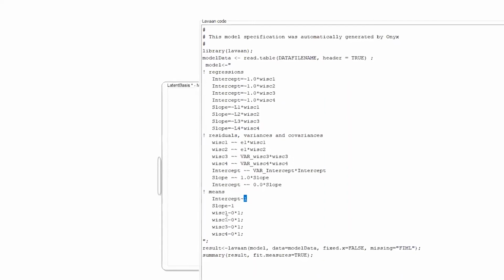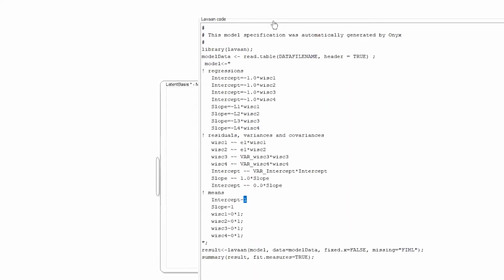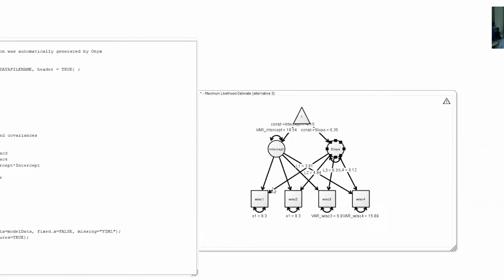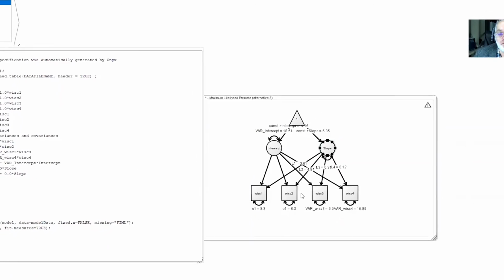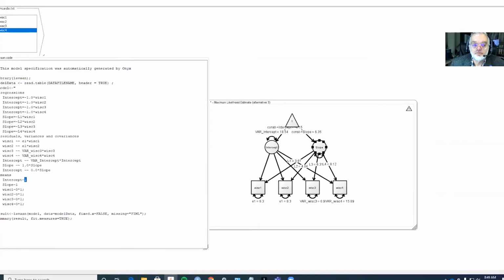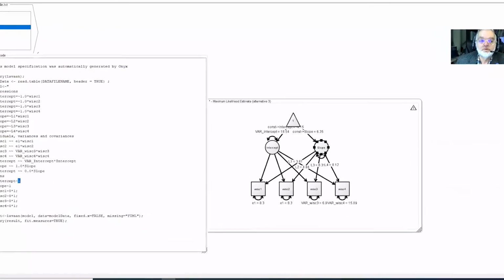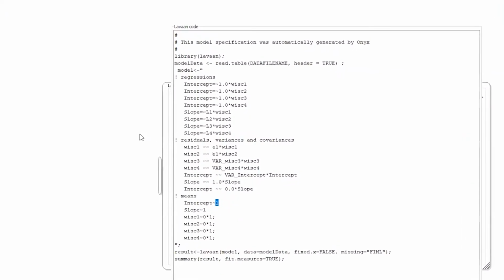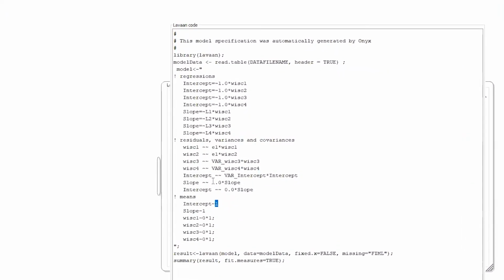And these 0 tildes tell me that the variables WISC 1 through WISC 4 have 0 intercepts. Right? Is that working? And the last line is executing the lavaan code, and summary is going to show me the results.